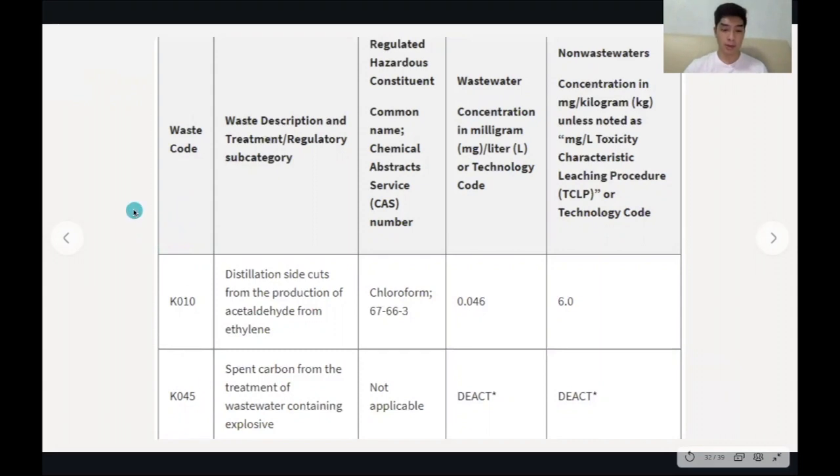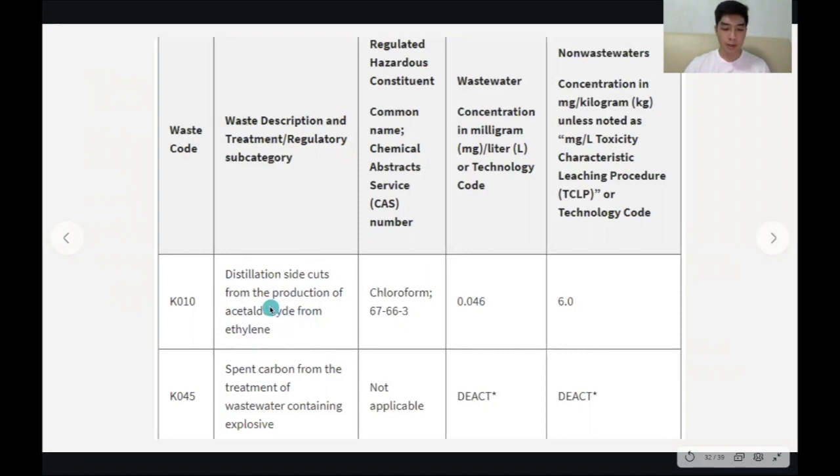Then the second column, the waste description and treatment regulatory subcategory, describes the waste in more detail. So here we will know what the description of that waste really is. Because sometimes they just say that the waste is toxic, but in this column, the description is more broad.